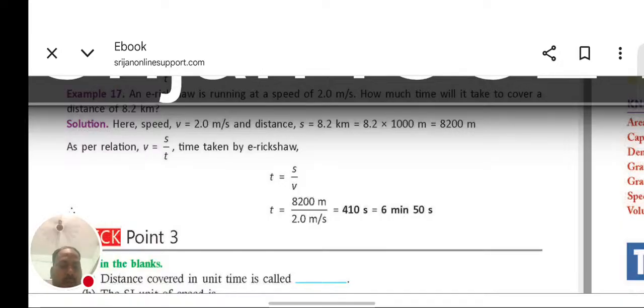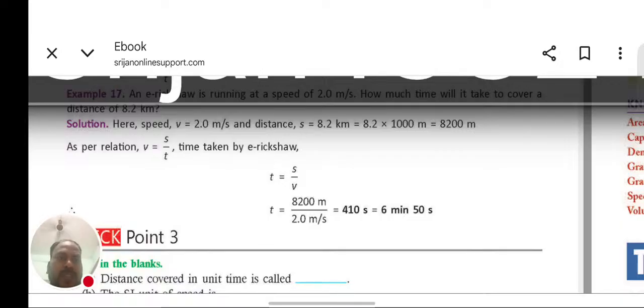How much time will it take to cover a distance of 8.2 kilometer? So here what data is given in this question? The speed is given. Speed 2 meter per second is given, and distance how much is given?